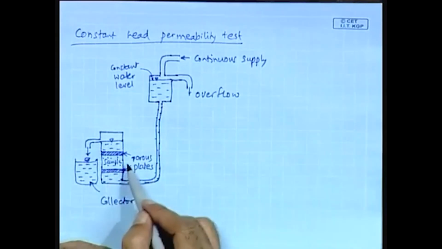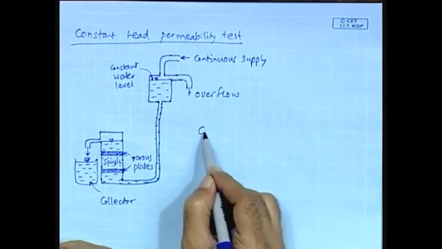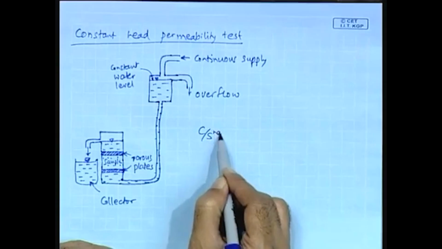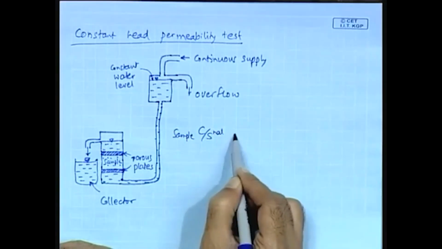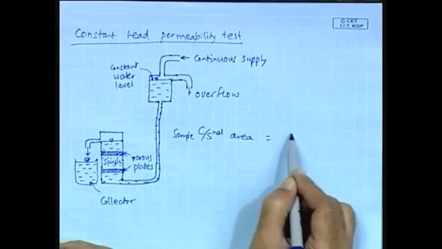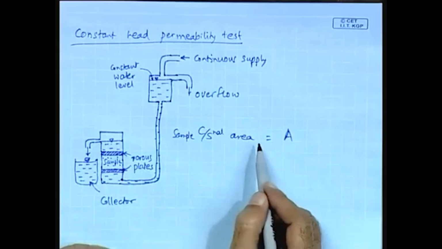So this sample has a cross sectional area A, which is perpendicular to the flow direction.